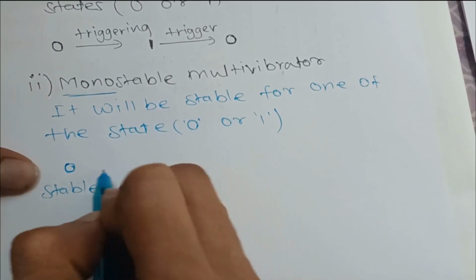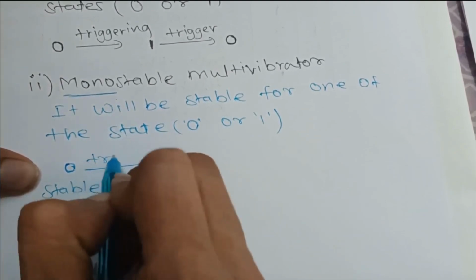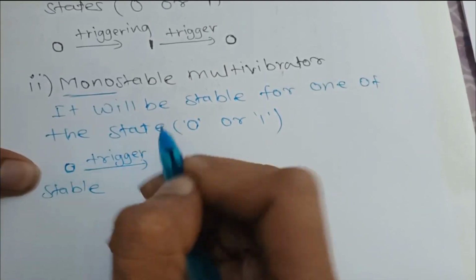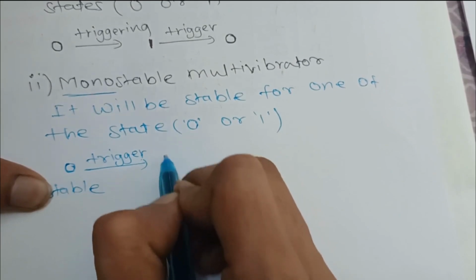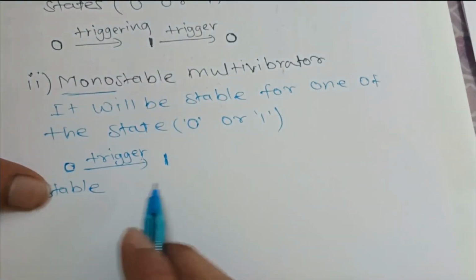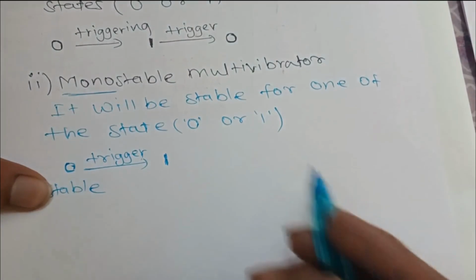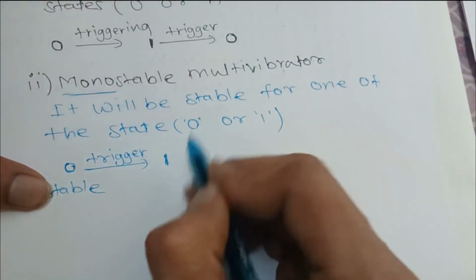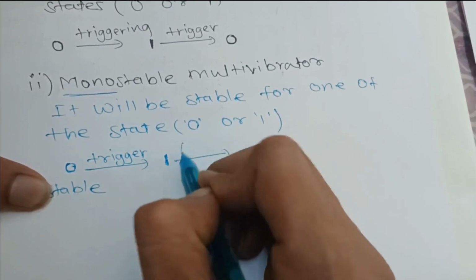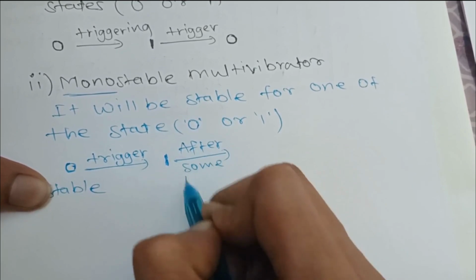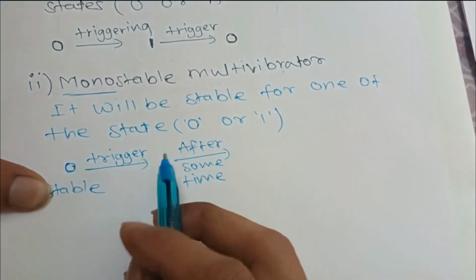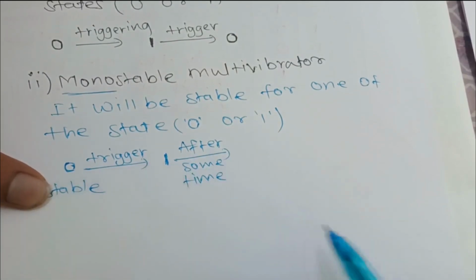Once you trigger this, it is going to change its state. It is going to go from 0 to 1. This is the state you got in the first triggering. Without any triggering, after some time, the circuit is going to change its state.